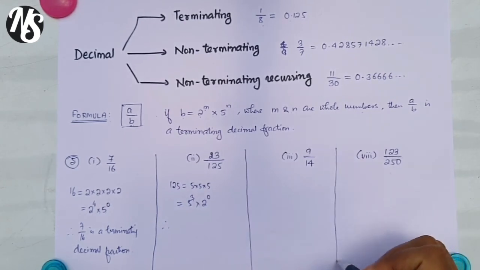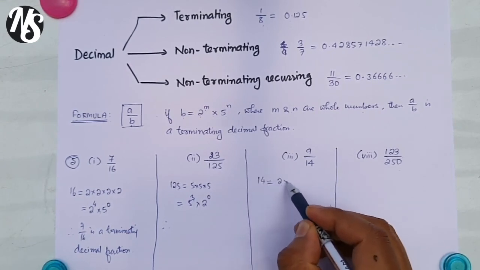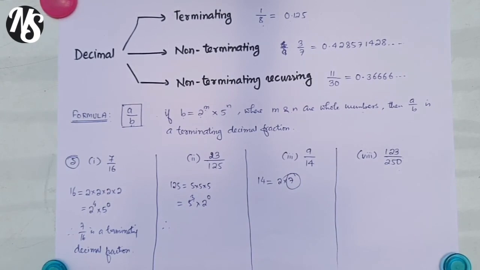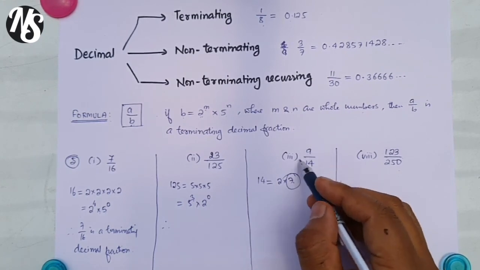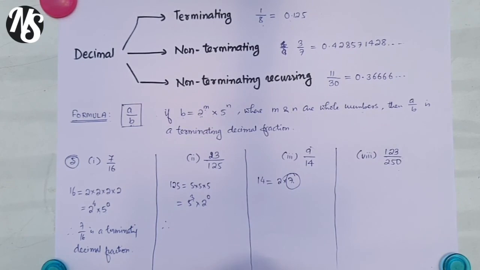Let's see the next, 9 by 14. If you factorize 14, you get 2 into 7. This is creating a problem because I need only 2 and 5, right? Because of the presence of 7, this cannot be written as a terminating decimal fraction.